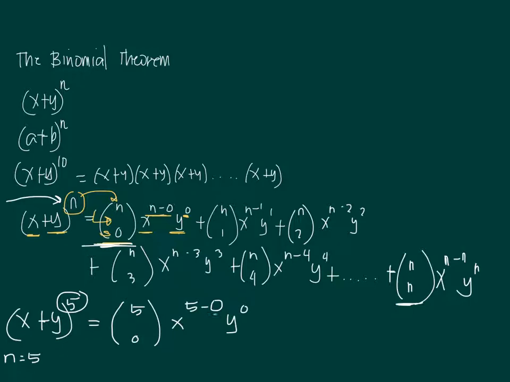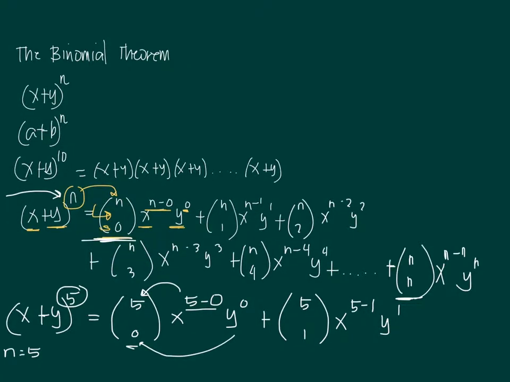See, these numbers here are coming here, so 5 and 0. Same with the y to the 0, it gets its value of the exponent from the number here. So if we continue, just follow the pattern, 5, then you get 1, then x gets 5 minus 1, and y gets the 1.